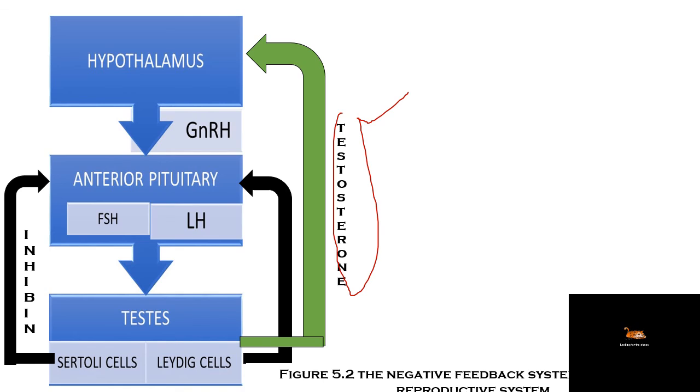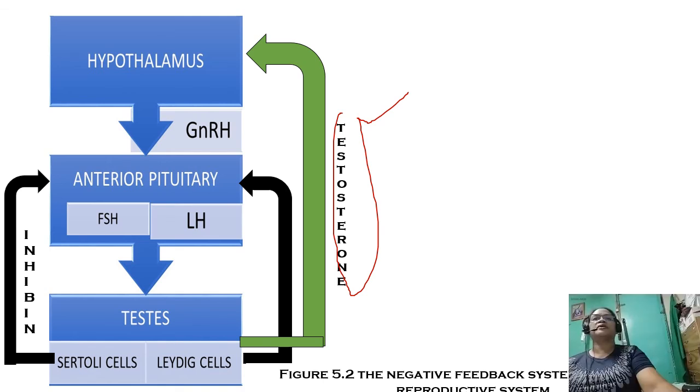Secondary characteristics include the deepening of the voice, the growth of facial, axillary, and pubic hair, and the beginning of the sex drive. Testosterone is responsible for the secondary characteristics that develop in the male during adolescence. Okay.